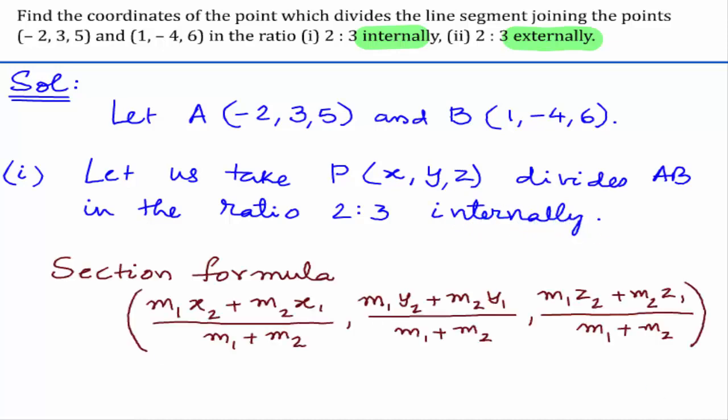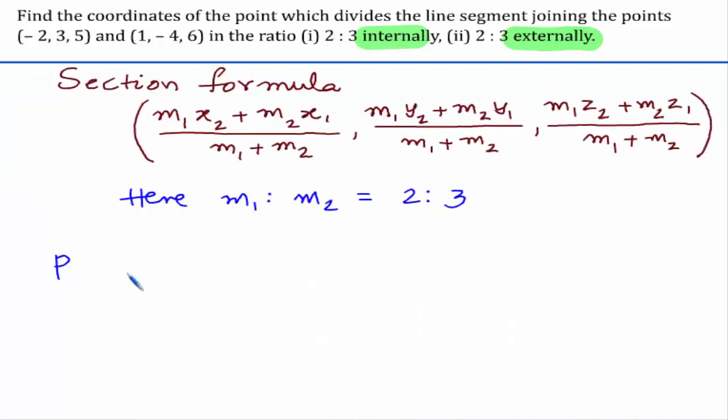So the section formula is (m1x2 + m2x1) by (m1 + m2). For the y coordinate, (m1y2 + m2y1) by (m1 + m2). For the z coordinate, (m1z2 + m2z1) by (m1 + m2). So here m1:m2 is 2:3. That means m1 is 2 and m2 is 3.